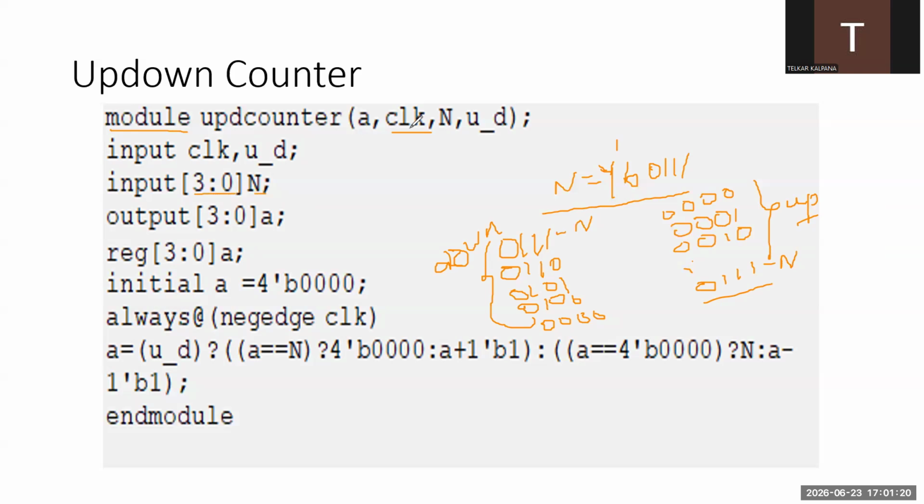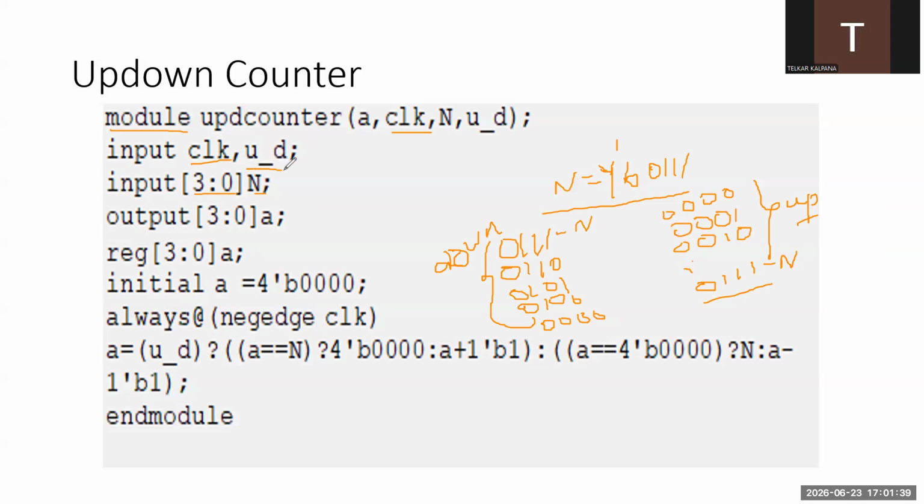Here, the input clock may be a positive edge clock or a negative edge clock. So clock is defined. It is going to take either a positive edge, meaning changing from 0 to 1, or changing from 1 to 0 if it is edge triggering.